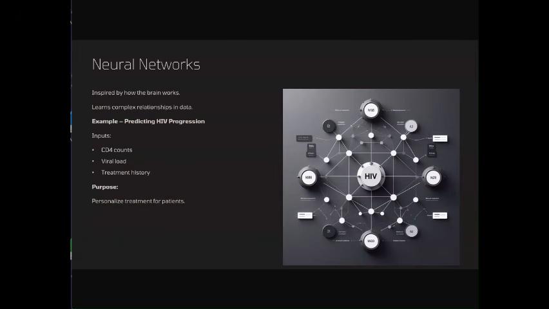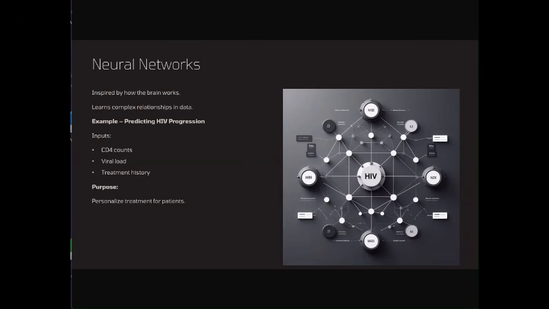So imagine you have data, and that data has CD4 counts, viral load, treatment history, and many other variables. If you put the CD4 counts in the neural network, you put the viral load, the treatment history, the medication history, you will see that the neural network is able to assess all this data and come up with recommendations.